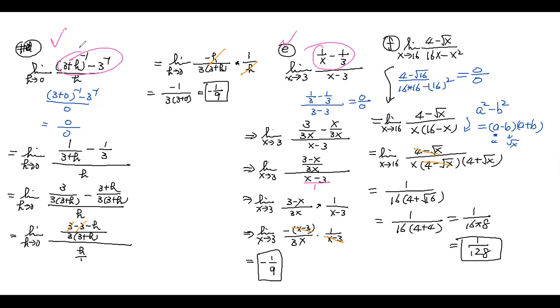Remember, if you get 0 over 0 or some indeterminate form, one of the techniques we always try first is to factor. If you can factor out the trouble term, then you can find your limit. Okay, that's it. So remember what you need to do: practicing, practicing, and practicing, right? It will make you get better at math.